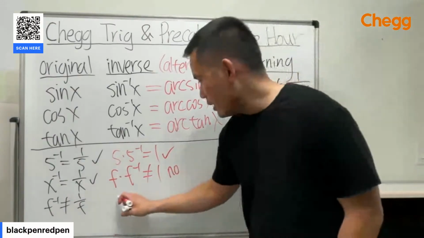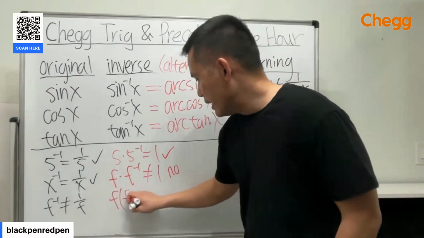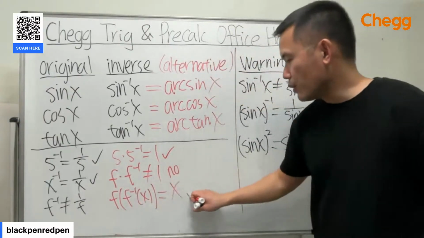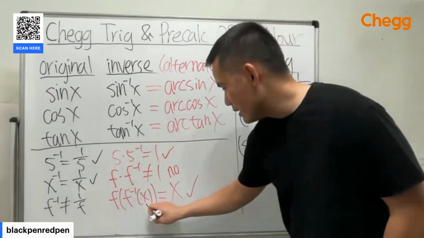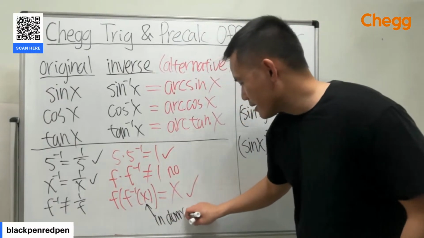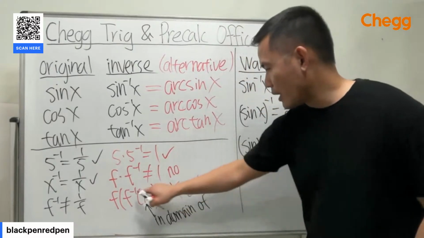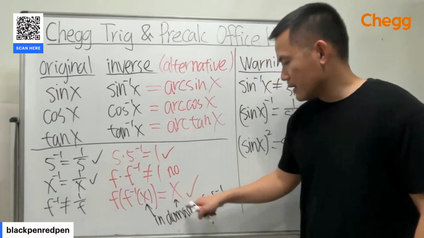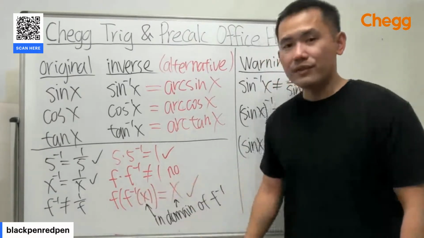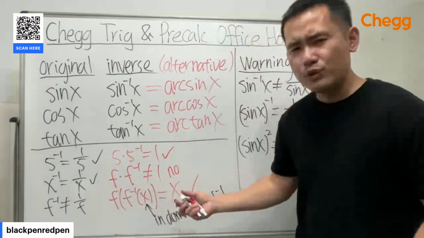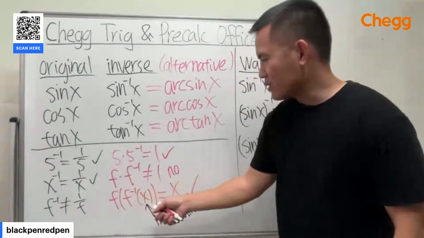However, if you do f of f inverse of an input x, this is okay, assuming x is in the domain of whatever that is. This is true if x is in the domain of the inverse. So you can see that you cancel it out. You get back to the input, which is like the original. So it's kind of like cancellations like this.